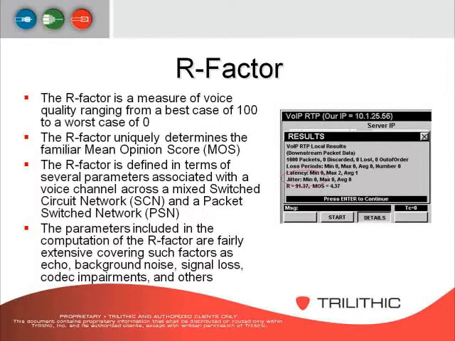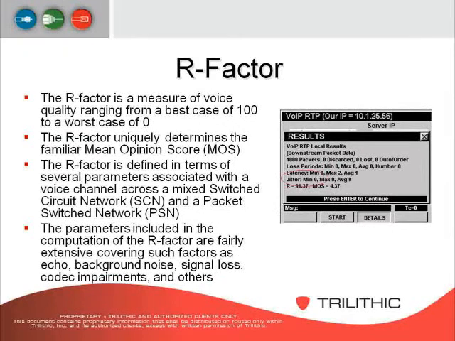The parameters included in the computation of the R factor are pretty extensive, covering such factors as echo, background noise, signal loss, any type of codec impairments, and other factors.